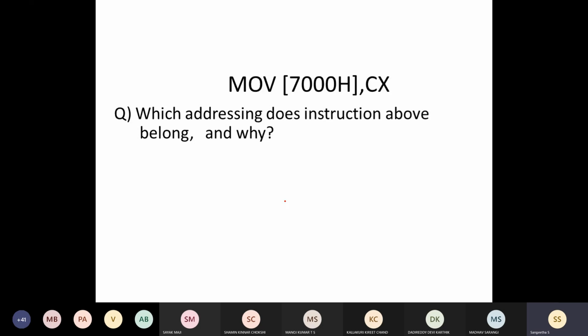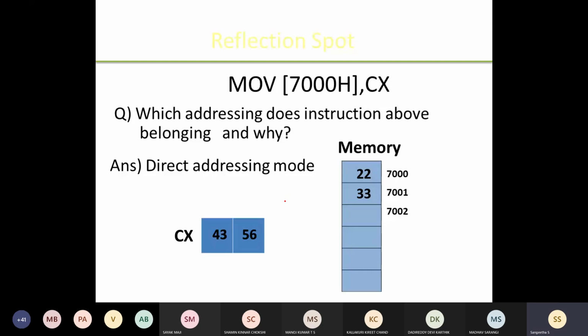See here, the offset address is given in square brackets. The offset address is directly given in the instruction. So which addressing mode does it correspond to? So it will be a direct addressing mode.